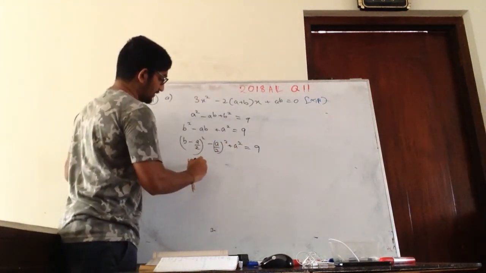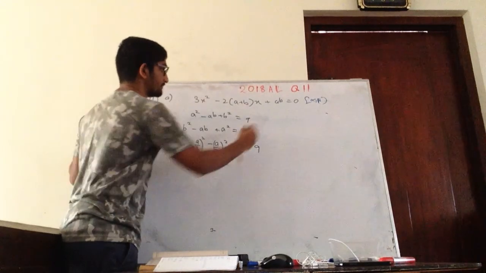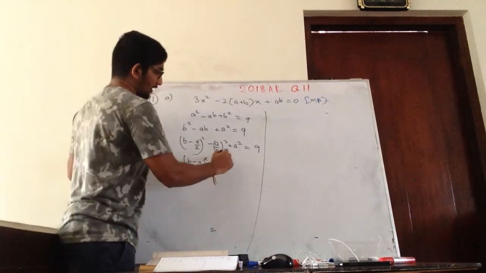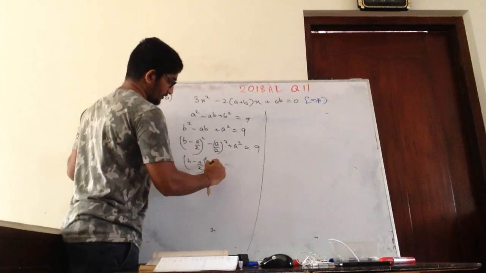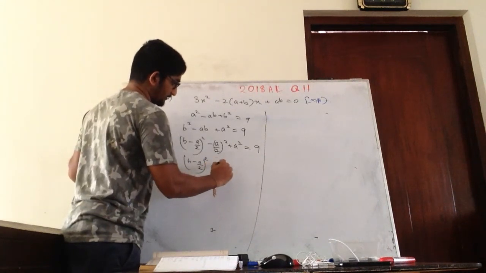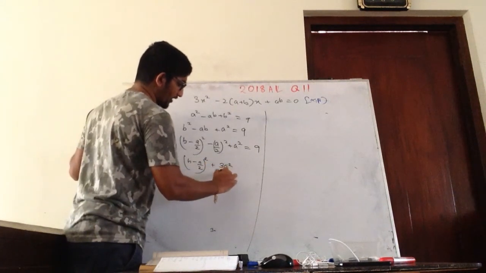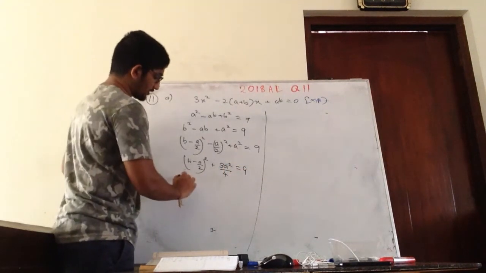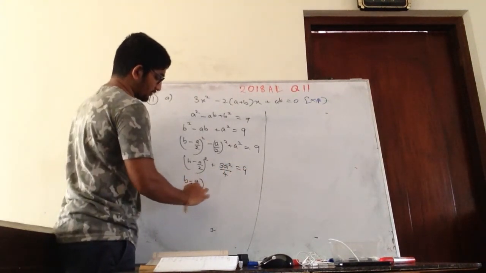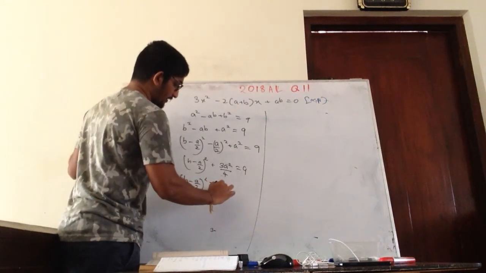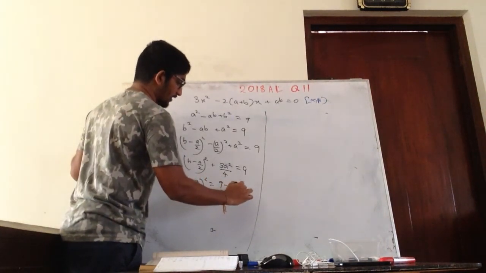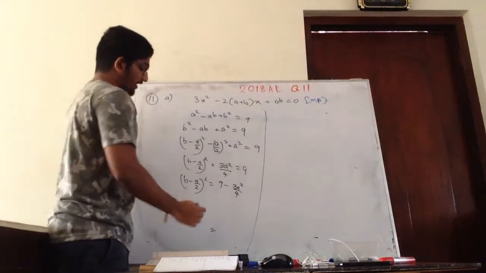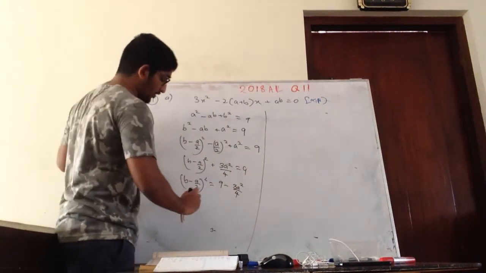This is b minus a over 2 squared, this will be plus 3a squared over 4 equals 9. So this will be b minus a over 2 squared equals 9 minus 3a squared over 4. Right, so now you get b minus a over 2.